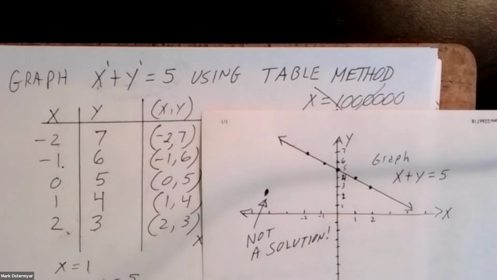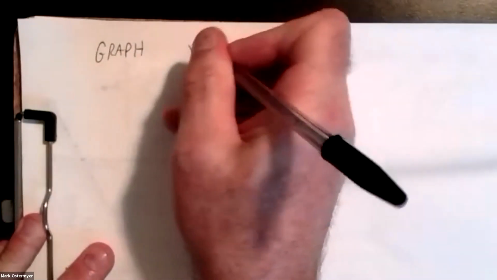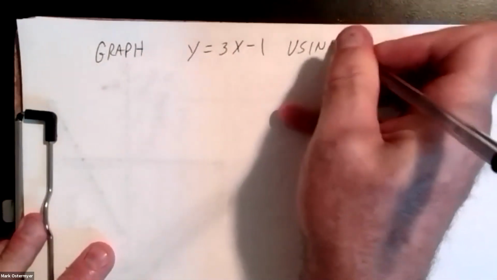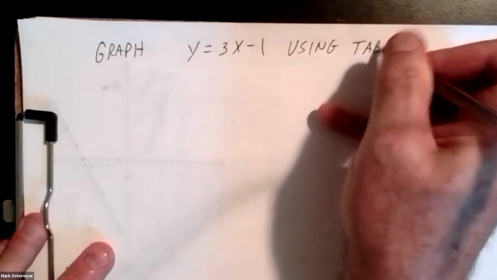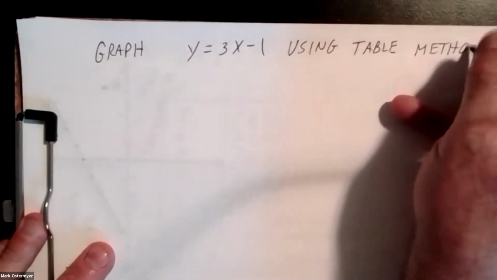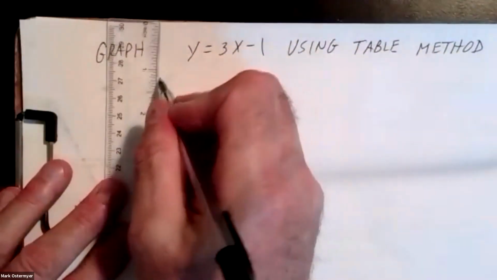Maybe we could try another one, huh? Let's try to graph y equals 3x minus 1 using the table method. And as the name suggests, we're going to have a table.